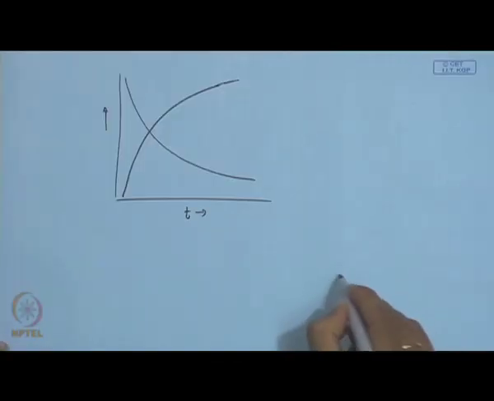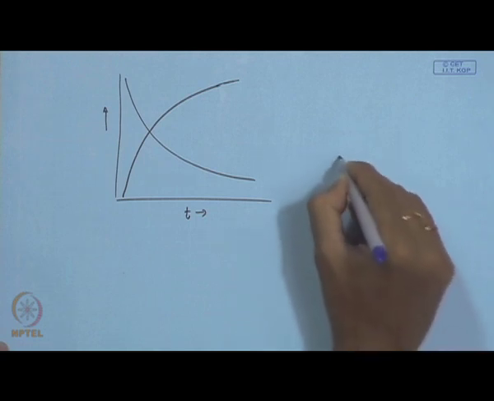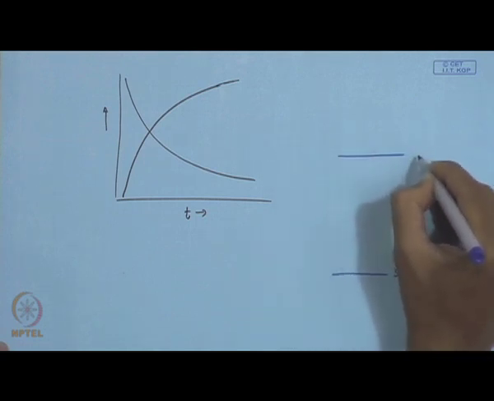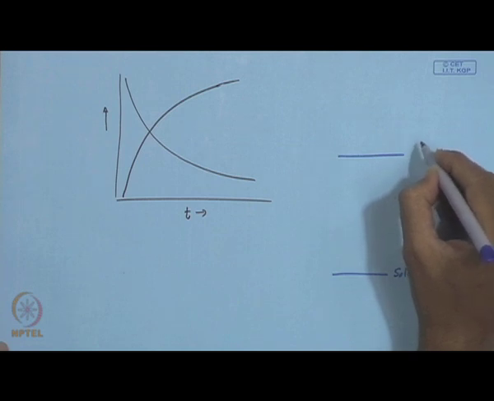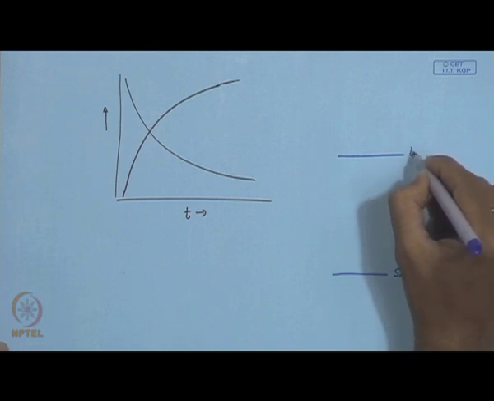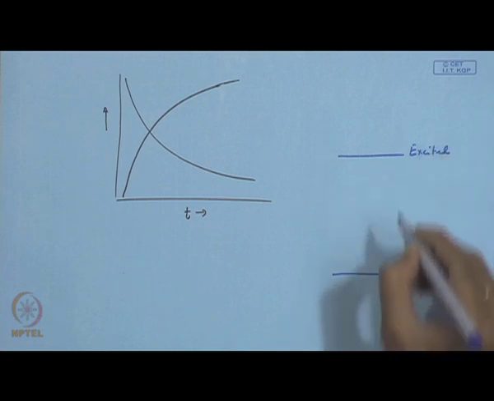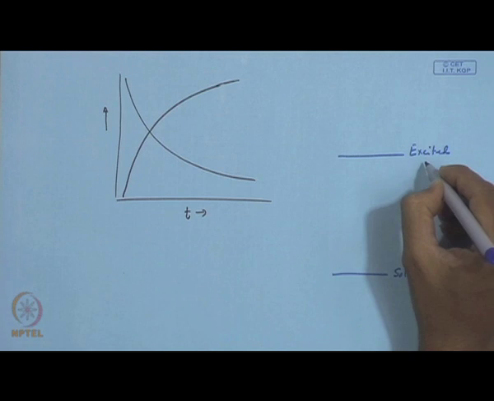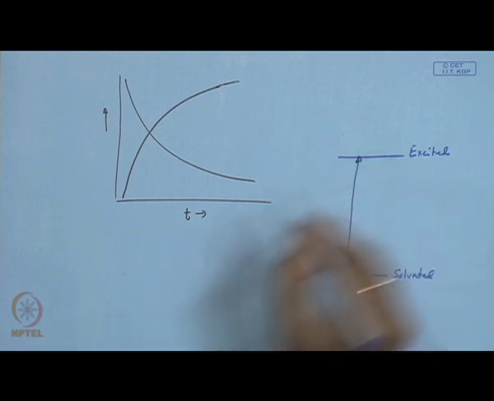So that means you have got this lowest level, solvated, then a level which is not at all solvated, excited. This is called the Franck-Condon excited state, which is not at all solvated, and maybe the dipole is increased.